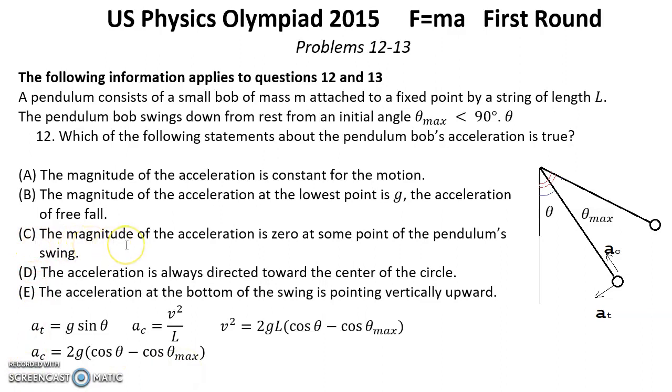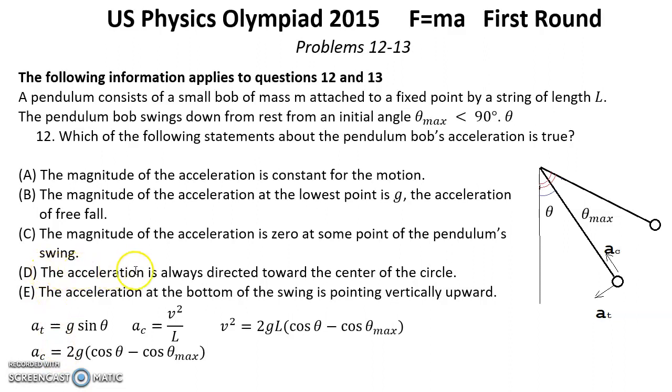C. The magnitude of the acceleration is 0 at some point of the pendulum's swing. As we can see, it's not 0. Tangential has a 0 at the lowest point and centripetal 0 at the highest point. But both don't have 0 magnitude at any point.